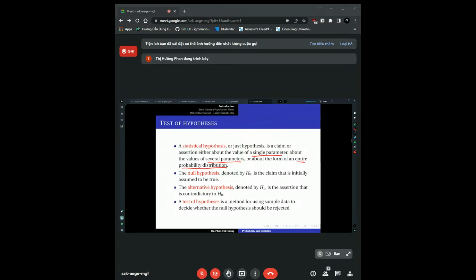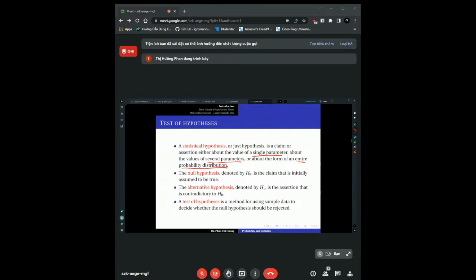And finally, the claim for the entire probability distribution. As you have seen in chapter 4, when we construct a confidence interval, several times we assume that the population follows a normal distribution. Remember that generally we don't know the distribution of the population, so we assume that the unknown distribution follows a normal distribution.